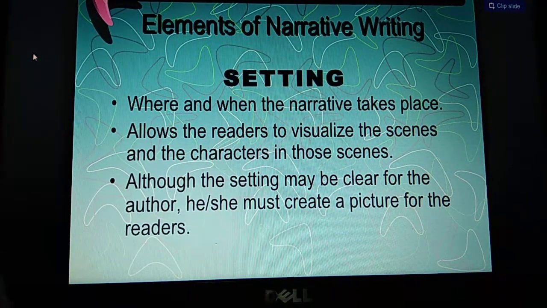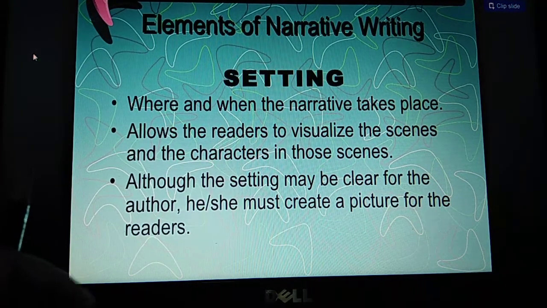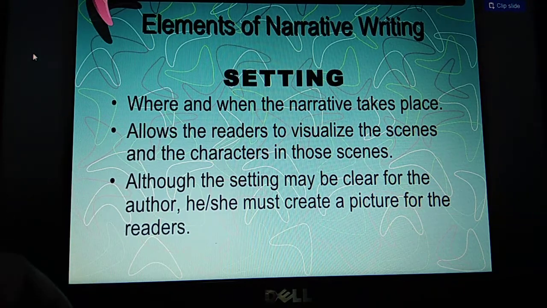Now, what does the setting do? It allows the reader to visualize the scenes and the characters in those scenes. Okay? It helps create a clear picture in the reader's mind. Although the setting may be clear for the author, he or she must create a picture for the readers.